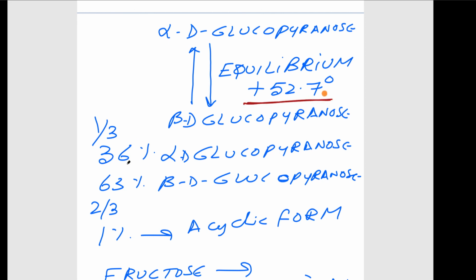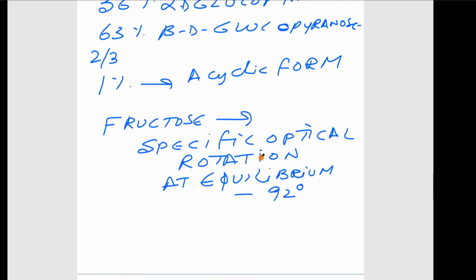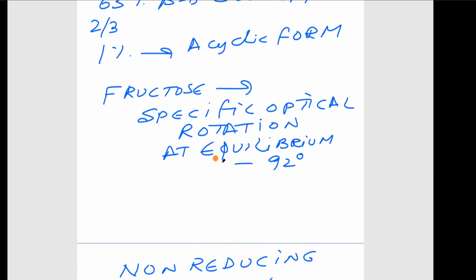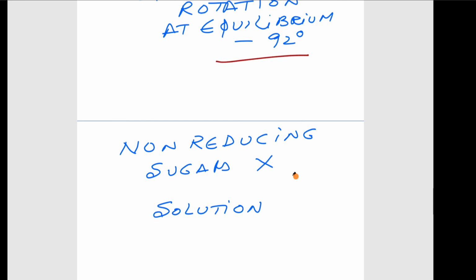At the equilibrium, there will be 1/3 alpha D glucopyranose, 2/3 beta D glucopyranose. Only 1% will be in the acyclic form. We also talked about the fructose, its specific optical rotation at equilibrium. Then non-reducing sugars cannot show mutarotation because there is no free aldehyde or keto group. So that is the reason they cannot show mutarotation.